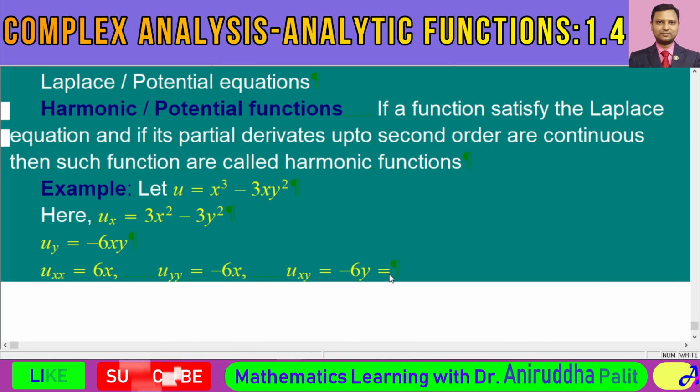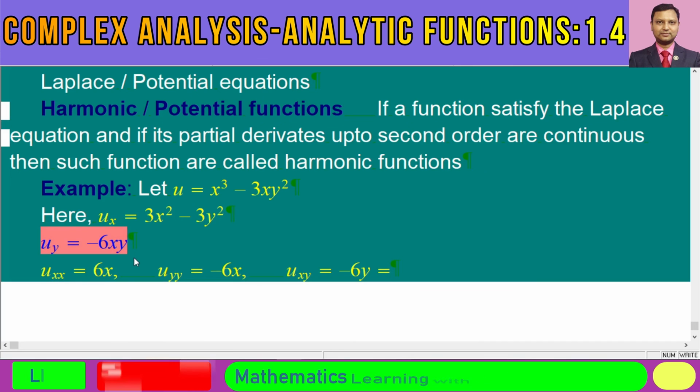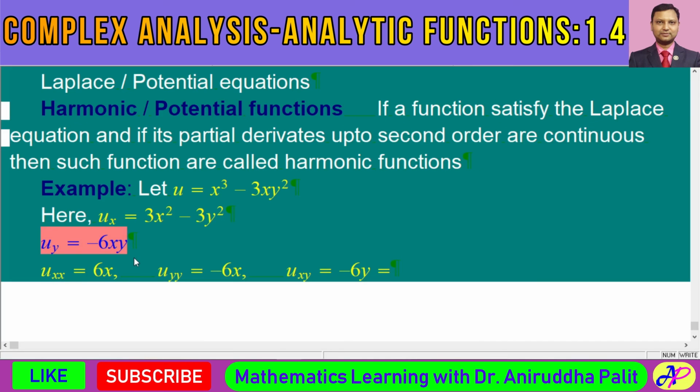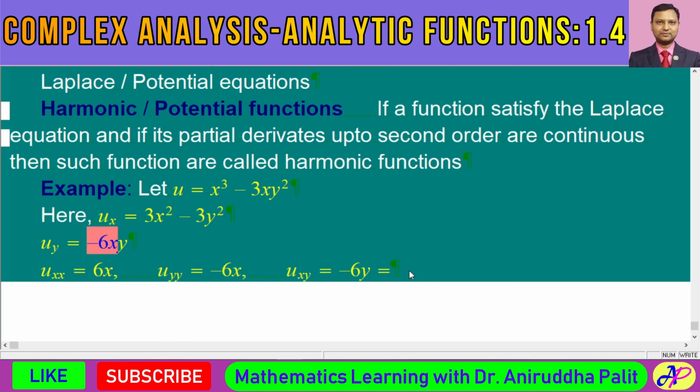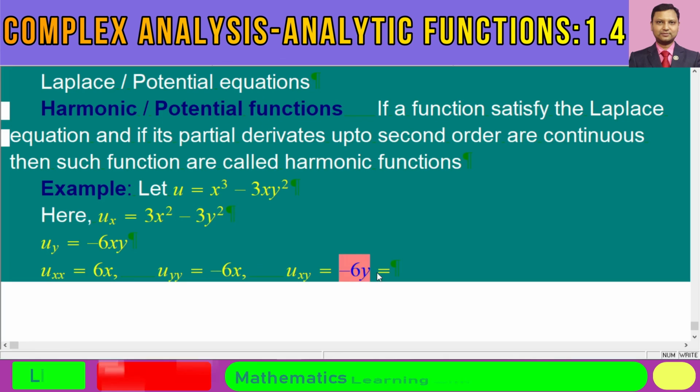Is it so? u_x, then y, is equal to minus 6y.